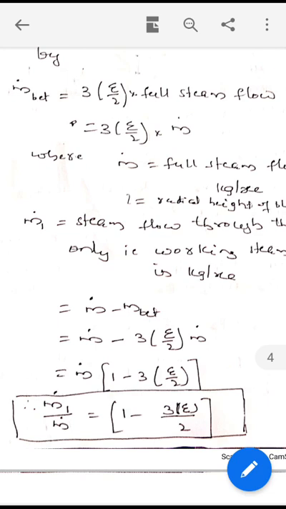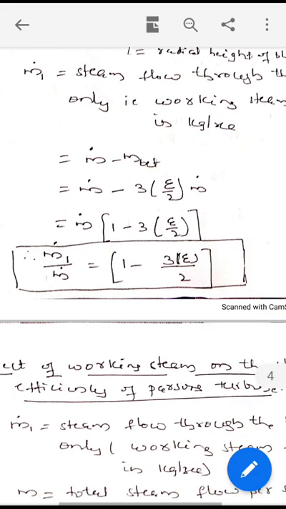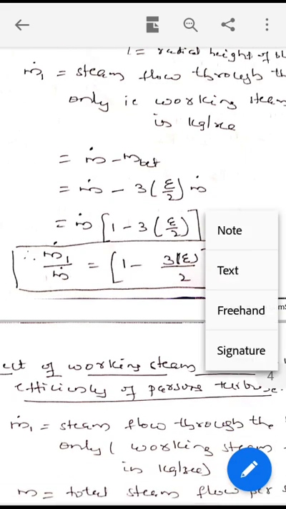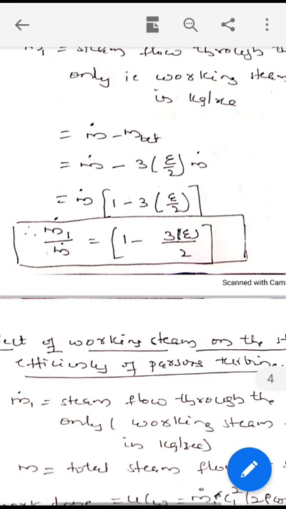Therefore, M1 dot, the steam flowing through the blades, equals M dot minus M leakage, which is M dot minus 3 epsilon / L M dot. So M1 dot / M dot = 1 - 3 epsilon / L.